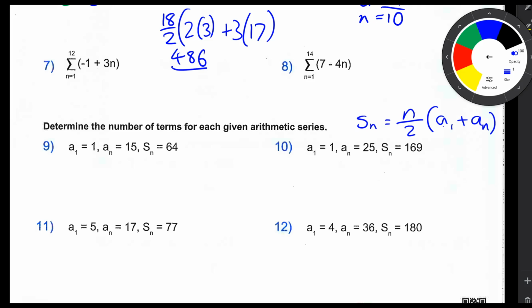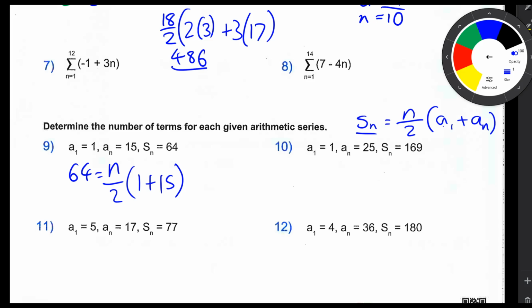So if we were to chuck these numbers into that formula, we could go 64, our sum of the sequence, equals n, the number we're trying to find, on top of 2, outside of 1 plus 15. Okay, so we get n divided by 2 times 16 equals 64.